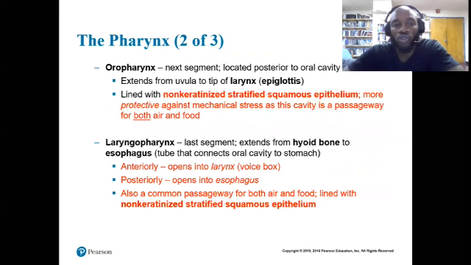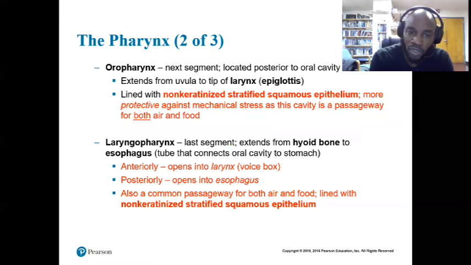You have the oropharynx. It's the next segment, which extends from the uvula to the tip of the larynx, the epiglottis. Now we've changed the structure a little bit. This is lined with non-keratinized epithelium. Non-keratinized doesn't have keratin. Remember, when we have keratin, for instance in our skin, the cells in the epidermis become keratinized.